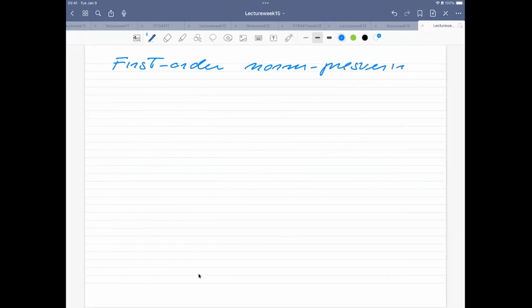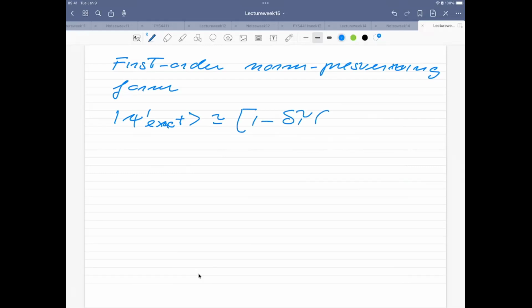So this is going to be given by this psi exact, which is approximately equal to 1 minus delta tau, a small time step, and then I have H minus this energy of theta, multiplied with the state psi of theta.